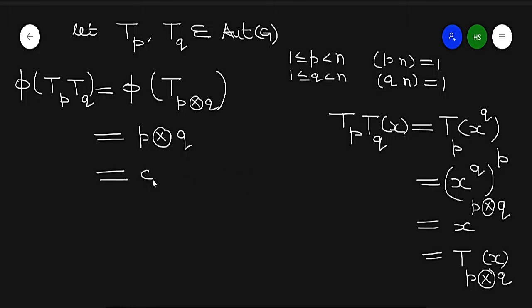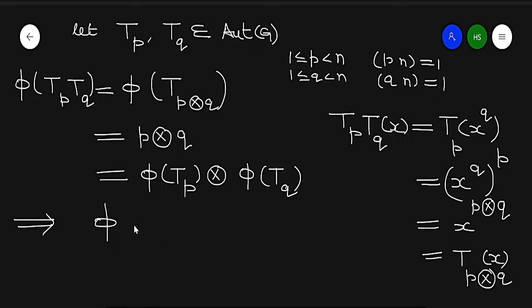So this is phi of TP into phi of TQ. What it means is this mapping phi is a homomorphism. So this is my first step, homomorphism.